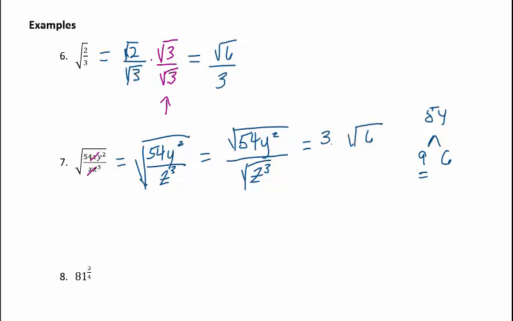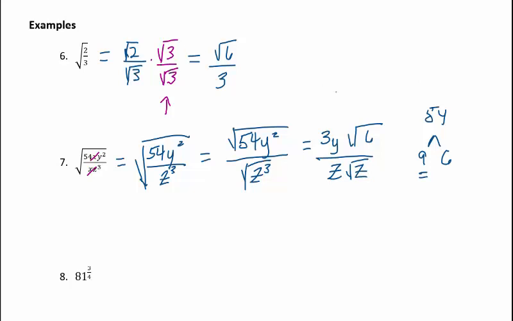But the square root of y squared is just y. So we have altogether 3y square root of 6 over, and the same thing, I'm going to simplify the square root of z cubed, and that is z times the square root of z.